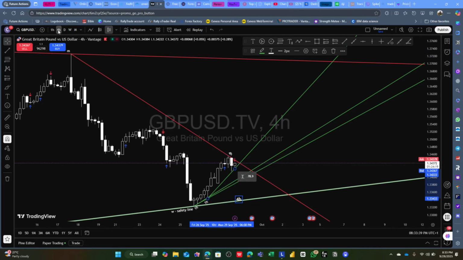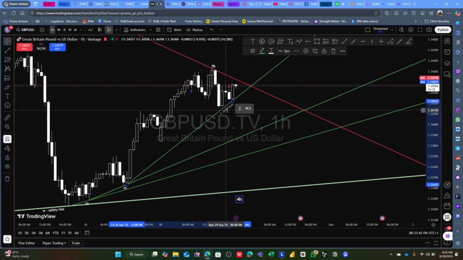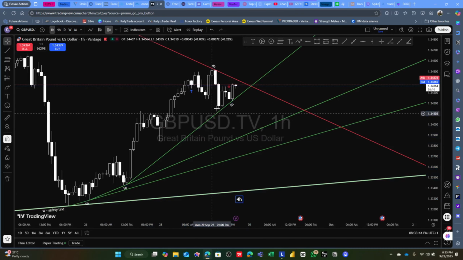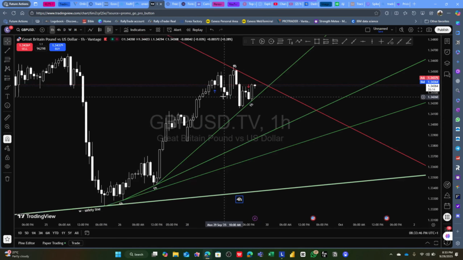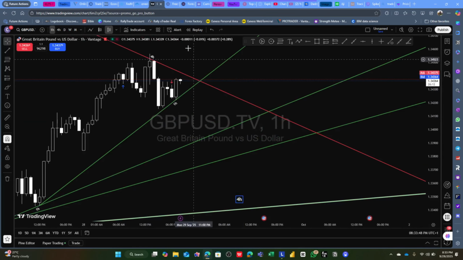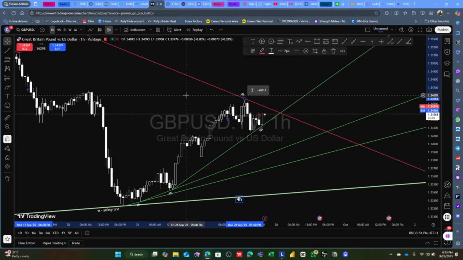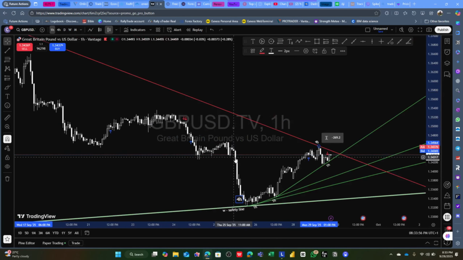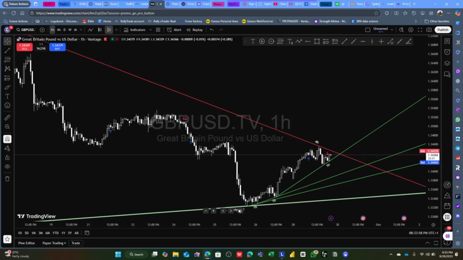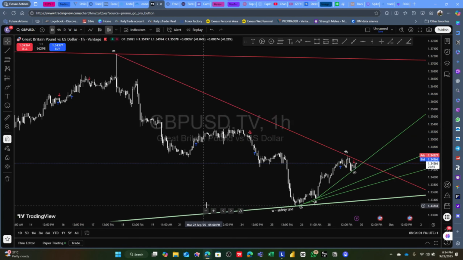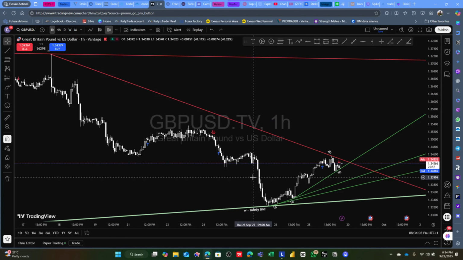Not enough data to call it a 4 hours, so I'll call it a 1 hour situation. It's been 2 days of 1 hour. And this is something that I would really love to follow through with. Same price break above or below any of this is something that I really love to have followed through. But let's just watch and see. It's night time. I can't take any trade.